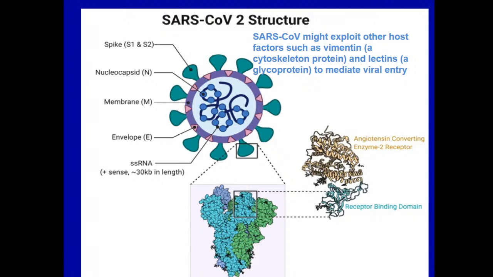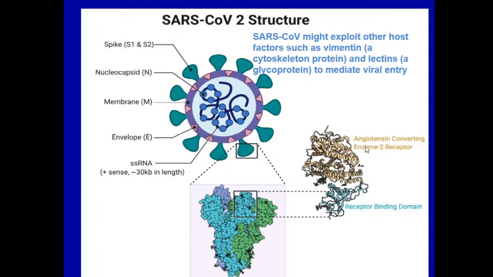Then one more look at the S protein, and you can see here this is a configuration of the spike. Here we have the so-called site or domain that is called the receptor binding domain, and this is the configuration of this receptor binding domain that happens on the edge of the spike protein.